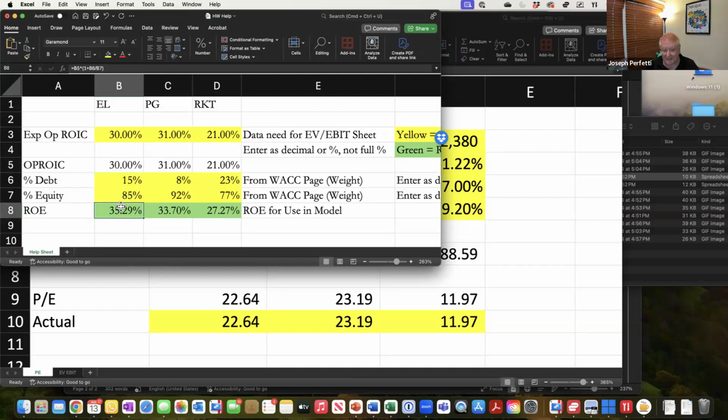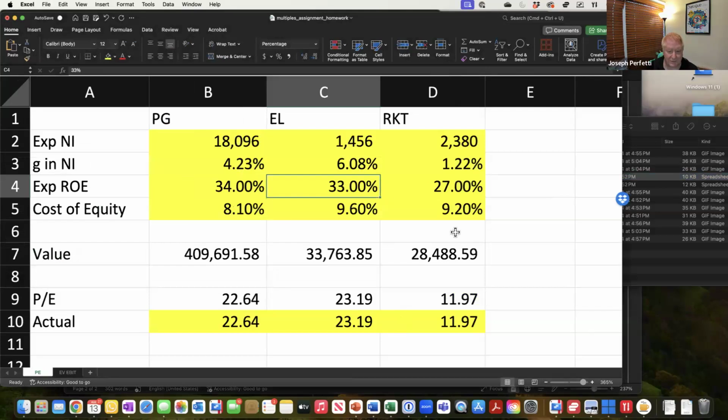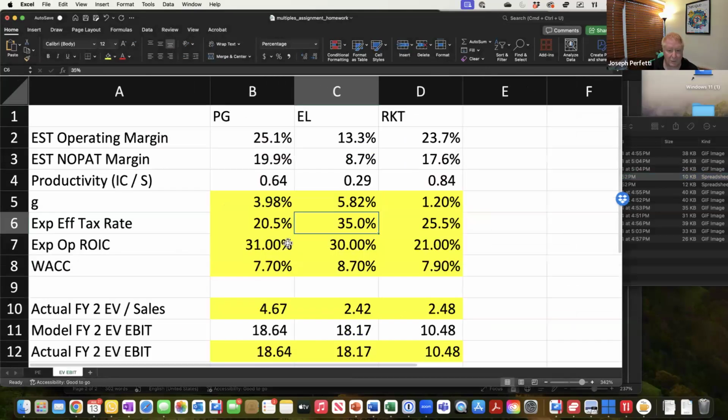And since I did this for Estee Lauder, I decided to do it for all 3 companies, for both Procter & Gamble as well as RKT. So that's where these numbers will be coming from when we get to the ROICs.